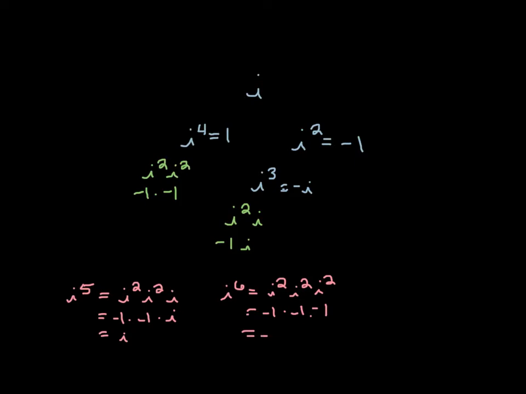And that turns out to be -1, which is I squared. So after you get to the fourth one, they just start repeating each other over and over and over again.